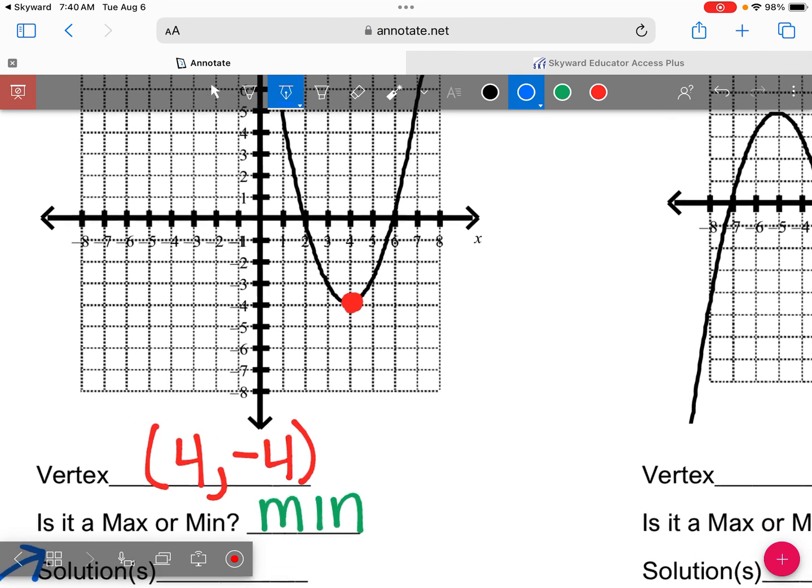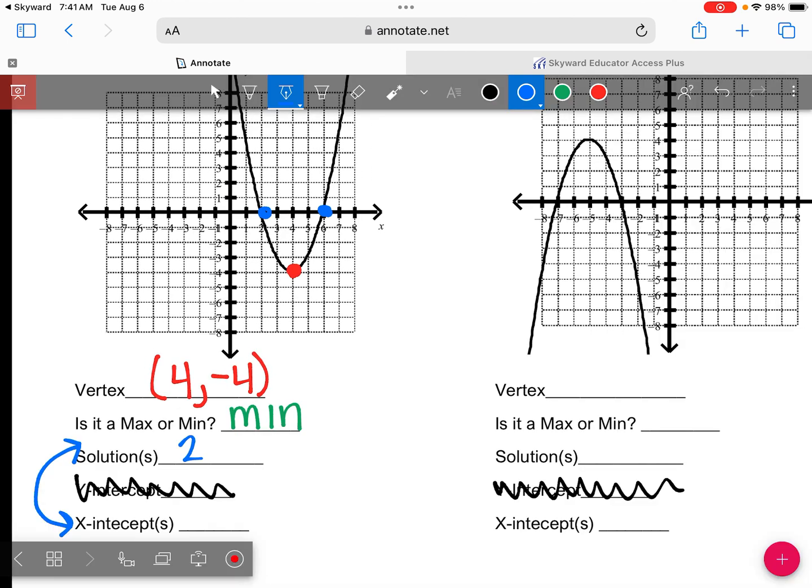So this graph crosses the x-axis here and here. Those are my solutions. What does x equal where I put those two blue dots? What two numbers do we have there? 2 and 6. So my solution is 2 and 6. And then my x-intercept, you will write that as an ordered pair.